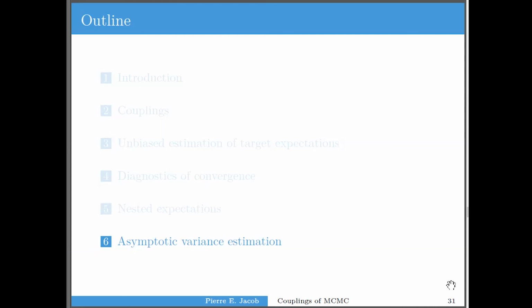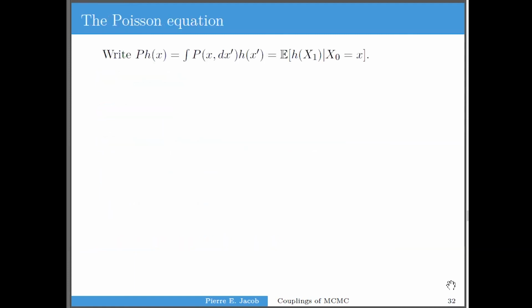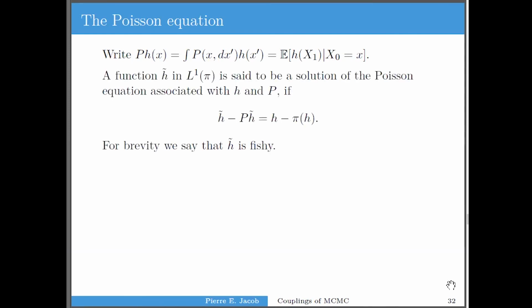The last thing is this connection with the asymptotic variance. The connection is via the Poisson equation. We write Ph(x) for the function that is the expected h(X1), given that X0 was at x, under the Markov kernel P. With this, the Poisson equation is the following: h tilde is a solution if h tilde minus P h tilde is equal pointwise to h minus pi(h).